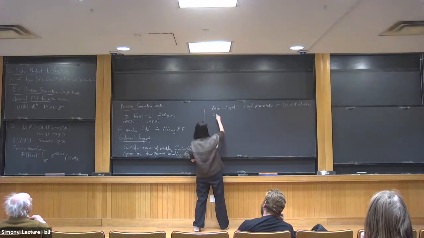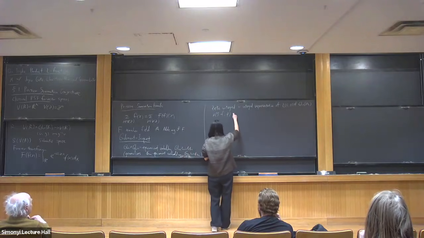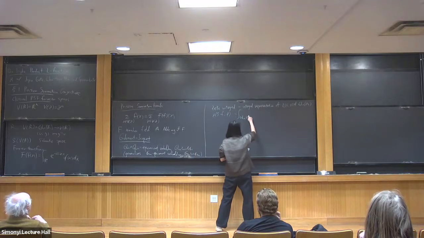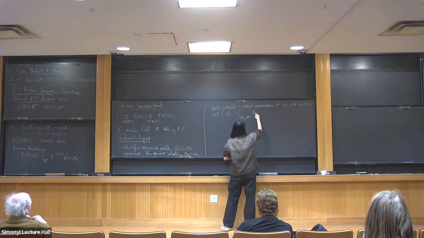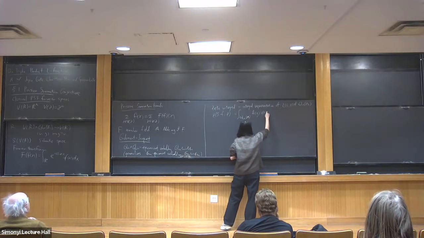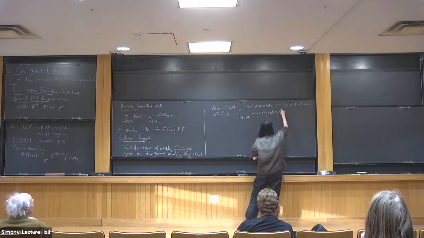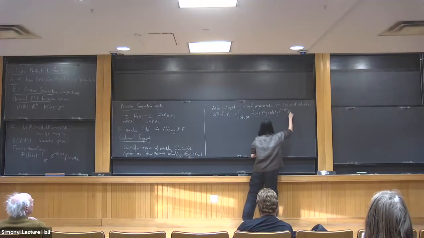And this is given by Z(s, f, B), the integral over GL_n(A) of f(g) B(g) times determinant of g to the power of s plus (n minus 1) divided by 2, dg.